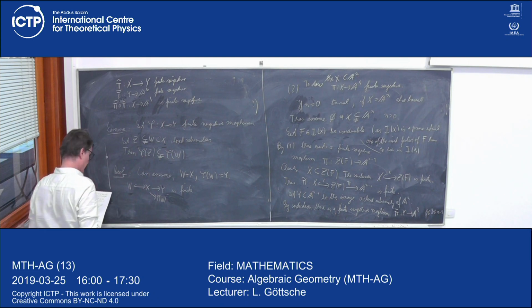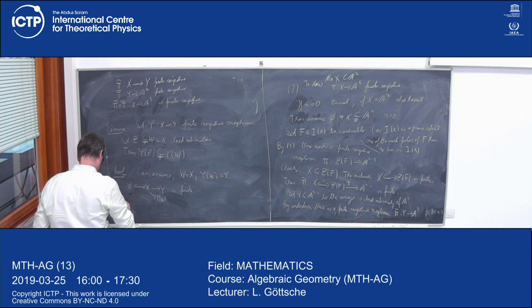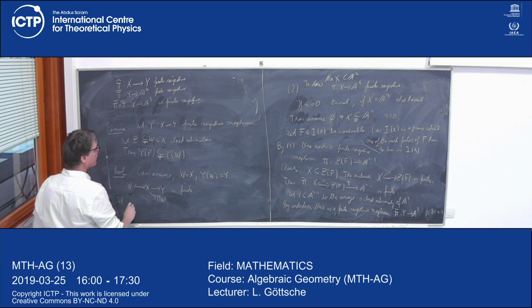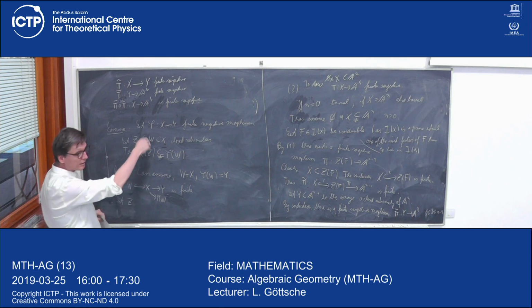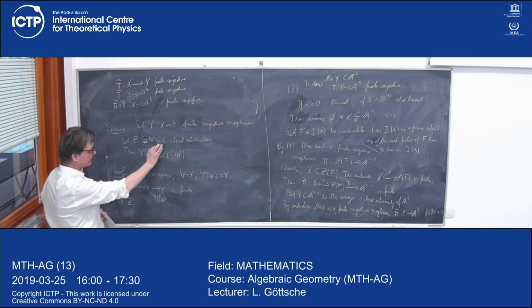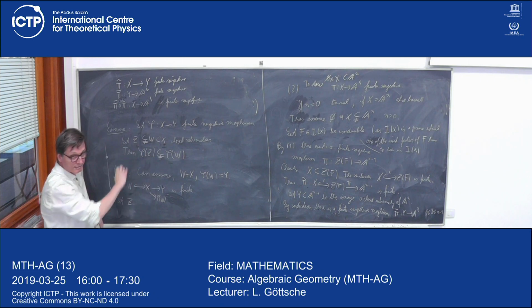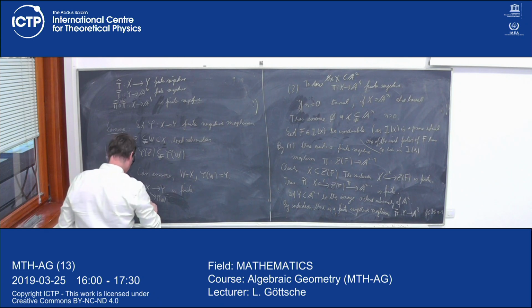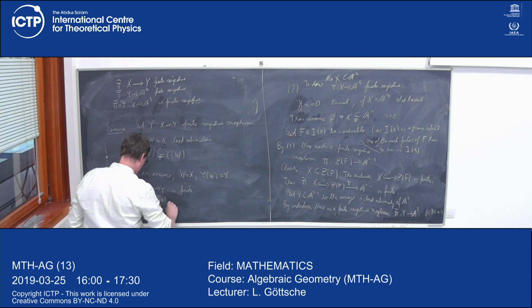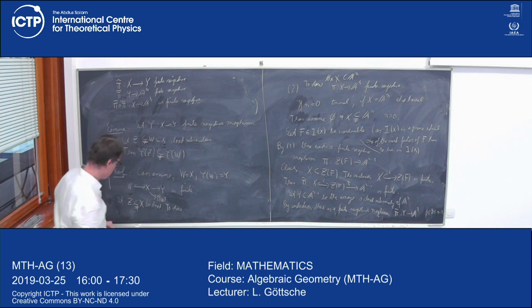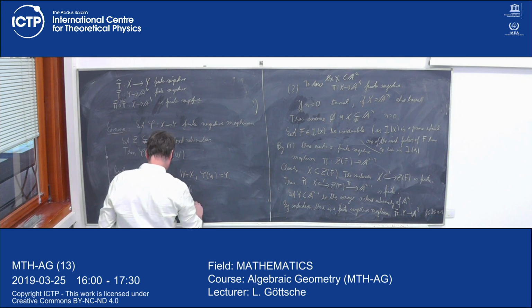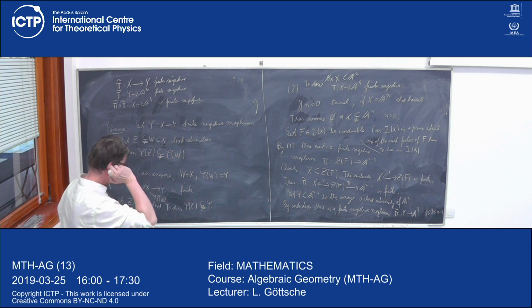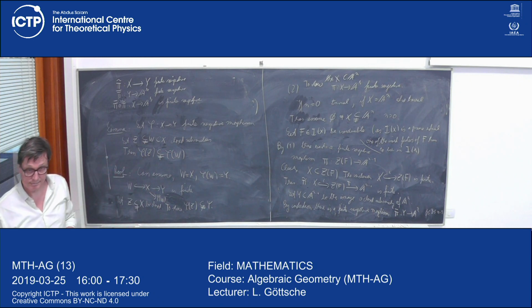So then to show, so let Z, now we forget about the W. This is just X, but the Z we still call Z. So let Z in X be closed, and to show that phi of Z is strictly contained in Y, where the original map is still supposed to be surjective.